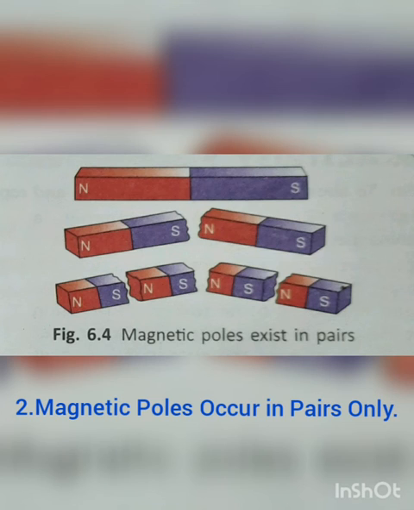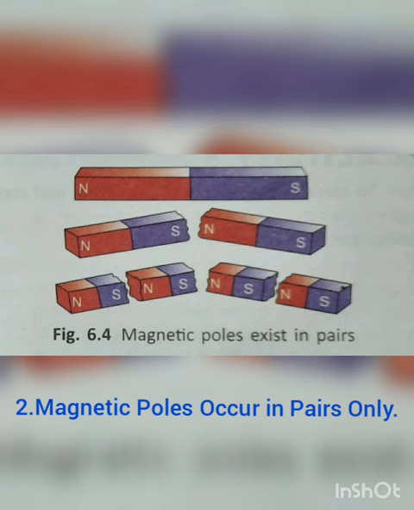We can split the magnet into two and separate it many times, and always each and every small piece of the magnet occurs in pairs only. We cannot get a single pole. Okay, so the second property is magnetic poles occur in pairs only.